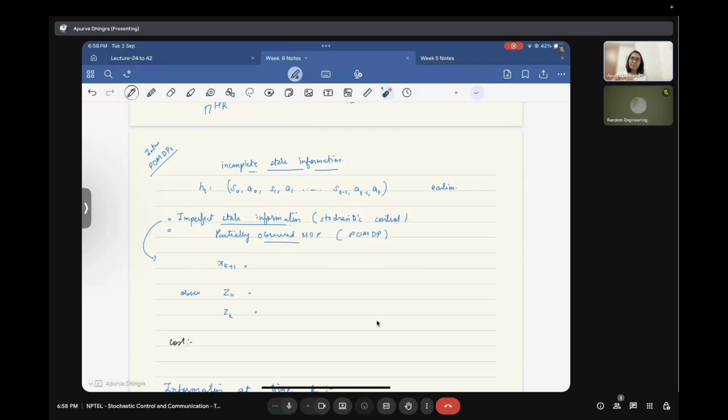Typically, a patient comes with a bunch of symptoms. Those symptoms are the observations. Based on those symptoms, the doctors decide what kind of test they should do to get a better understanding of what might be the underlying disease. So the underlying disease is the true state, but we have no knowledge of the true state.